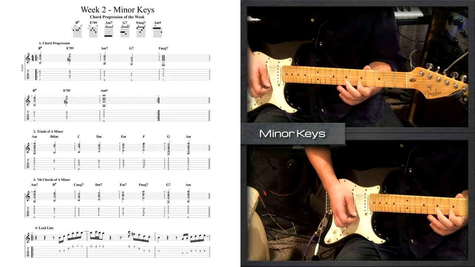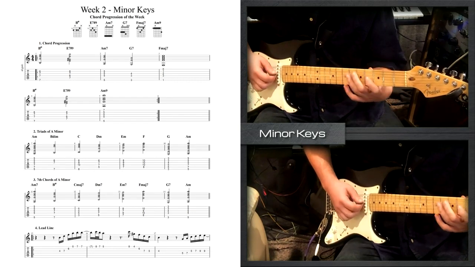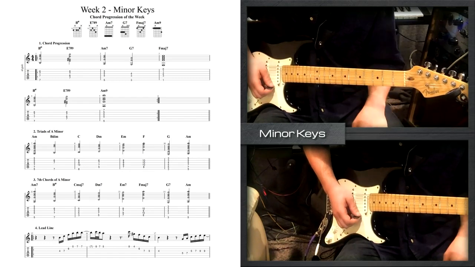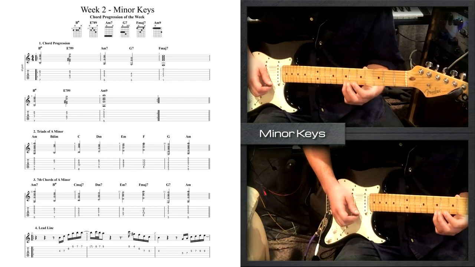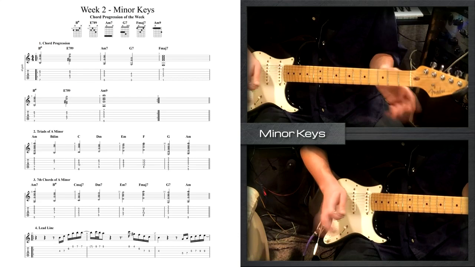You'll see I'm just walking it up, then doing a hammer on, and then sometimes I was throwing in just a little slide up to a different note, up to the 8th fret on the E string, and then back down to the 7th. That's something you can do.